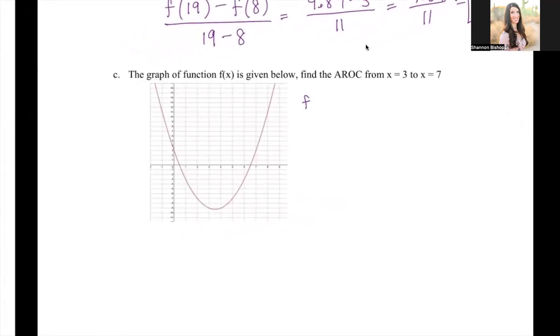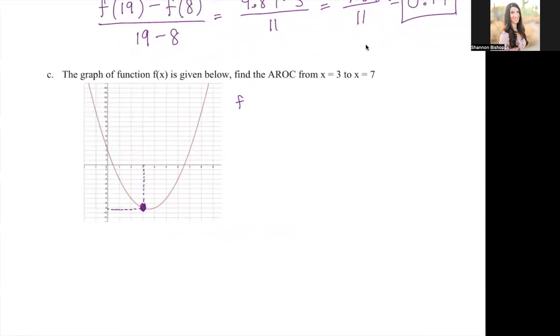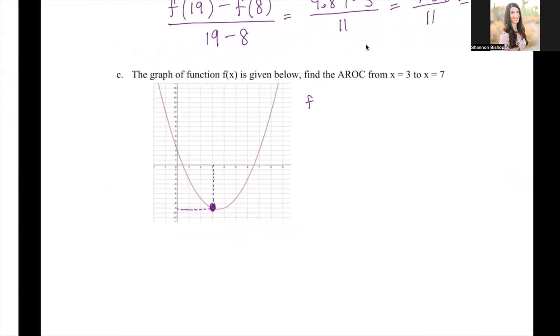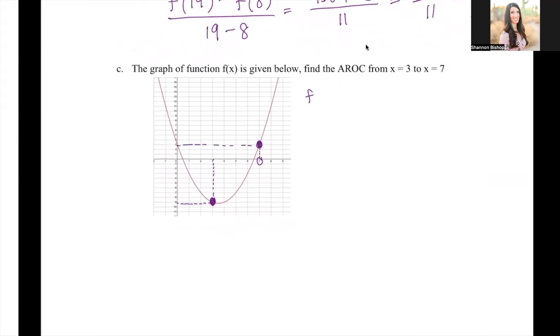If I go to an input of 3 and see what the actual function value is, I get -9. So there's the starting point. And then I'm ending at 7, an input of 7. So input of 7, follow it up. The function value looks like it's 3. So those are essentially the two points that we're working with.